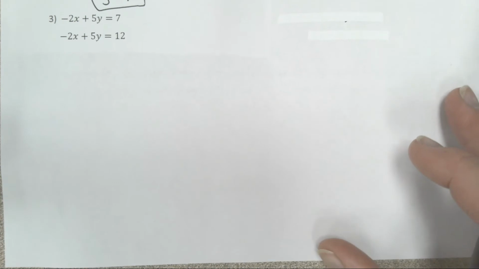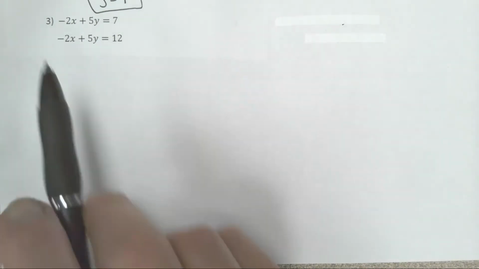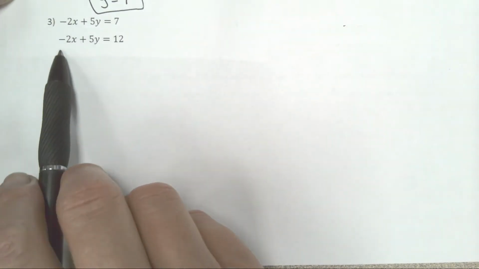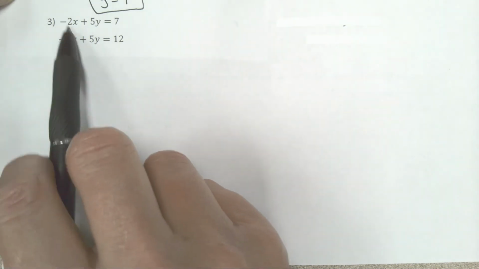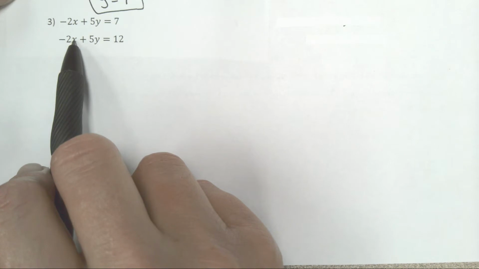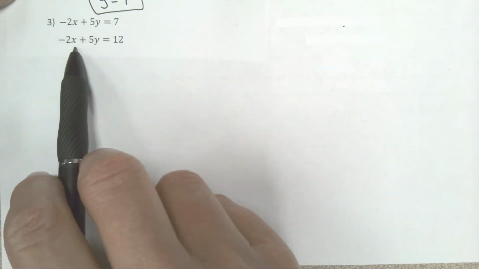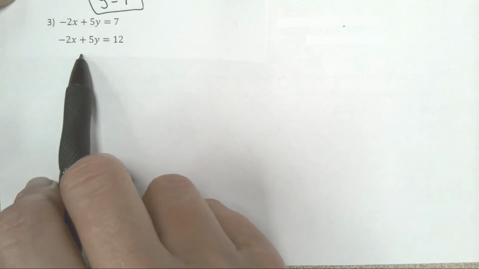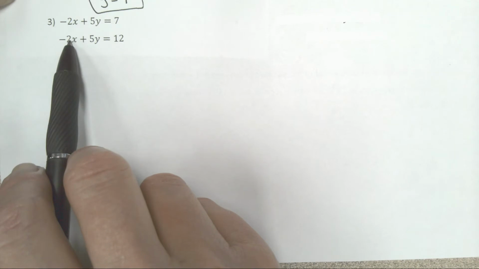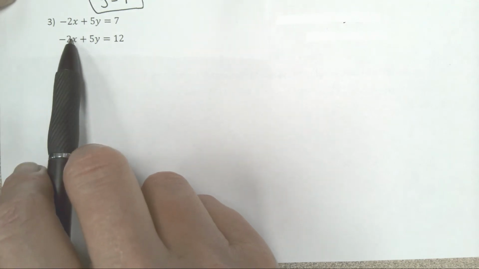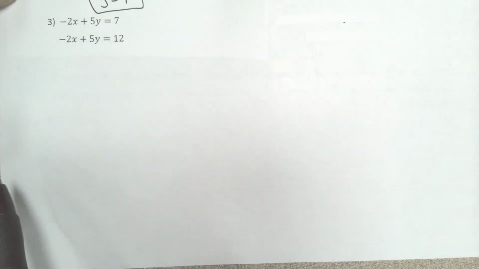Number 3. So when I look, I always look at my coefficients of the variables. I have a -2x and a -2x. Let's talk about the format. So when you do elimination, what's super important is that your like variables have to be stacked on top of each other and on the same side of the equal sign.